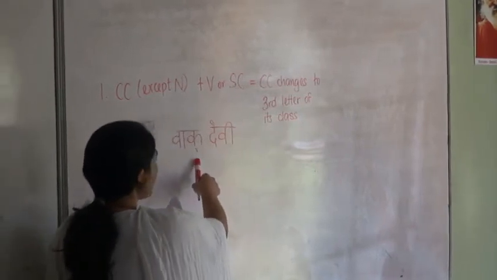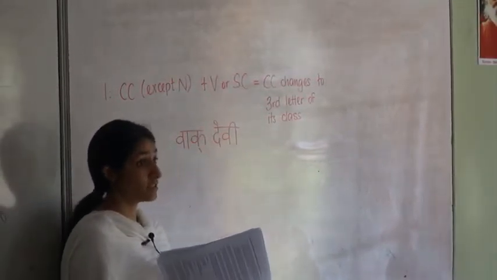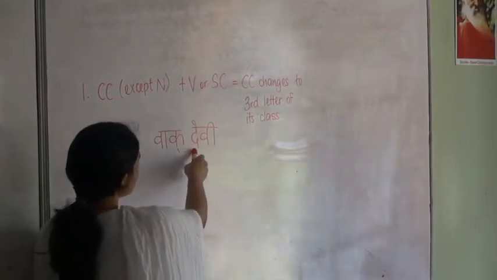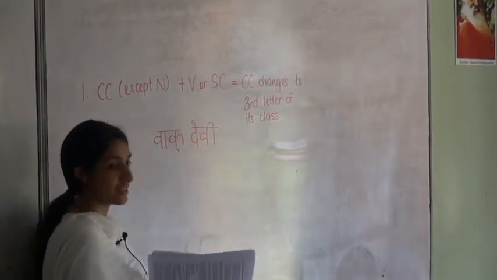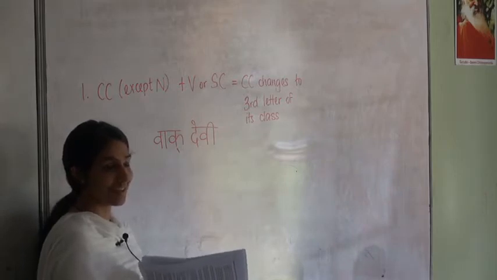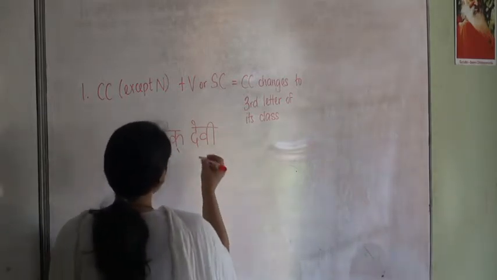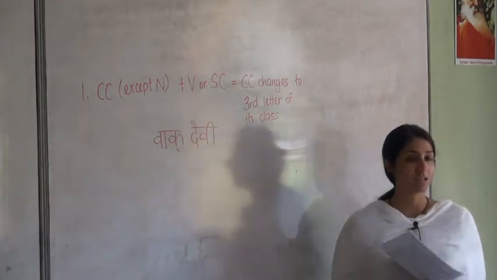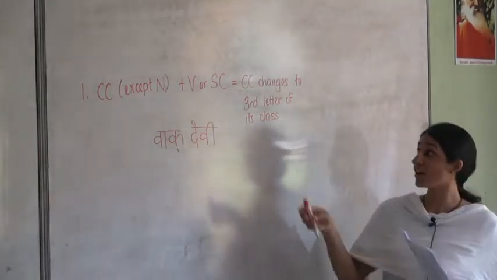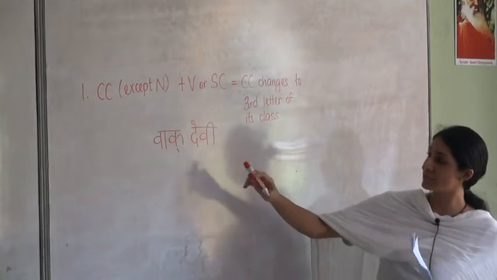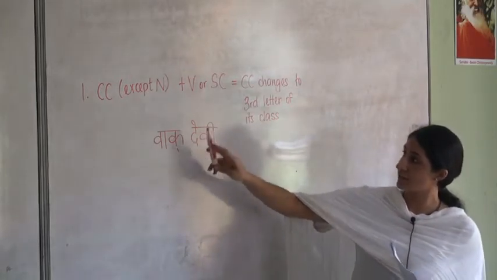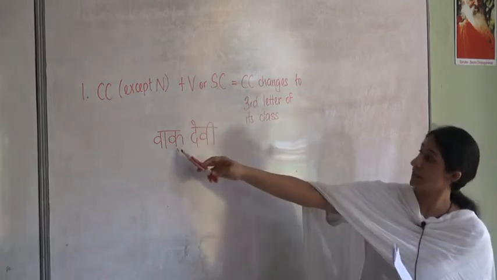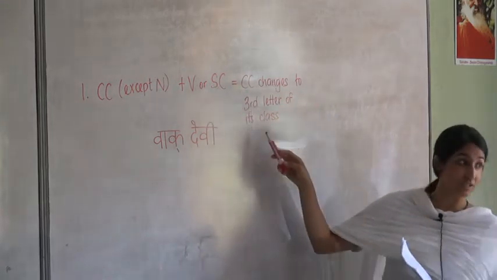So this, at the end of a word, is a class consonant kahalant, right? Here. And it's meeting a de, right? So the de is what? The de, right? So the de is soft consonant. And so the rule says that if a class consonant meets a soft consonant, then this class consonant changes to the third letter of its class.